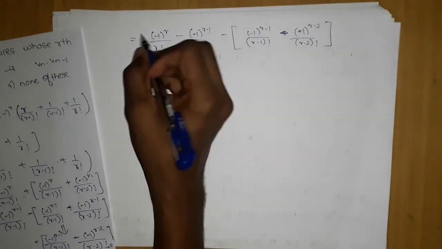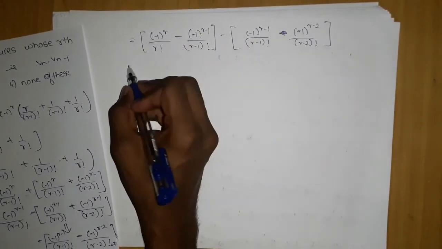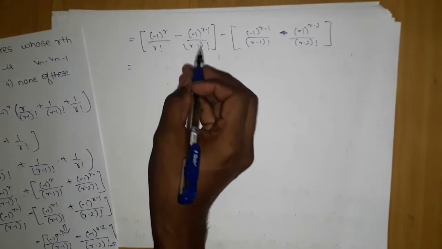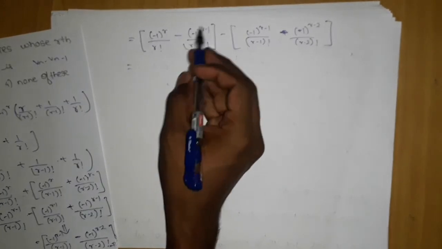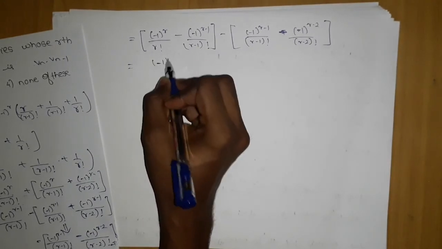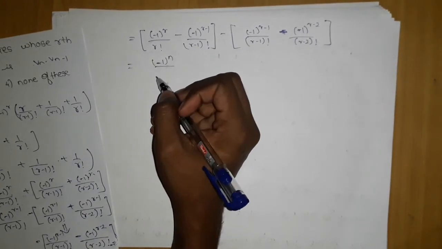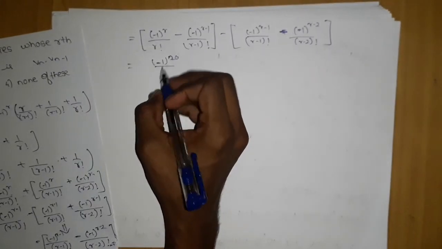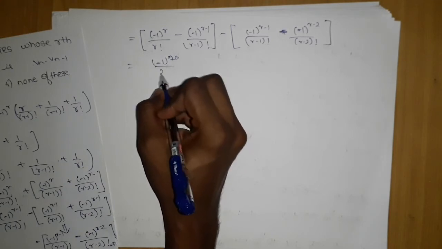Now we will apply Vn to both of them. If I apply Vn to this, 1 will be substituted here, which will become 0, this will become 0, so I will be left with minus 1 upon n, sum of 20 terms, that's power 20, upon 20 factorial.